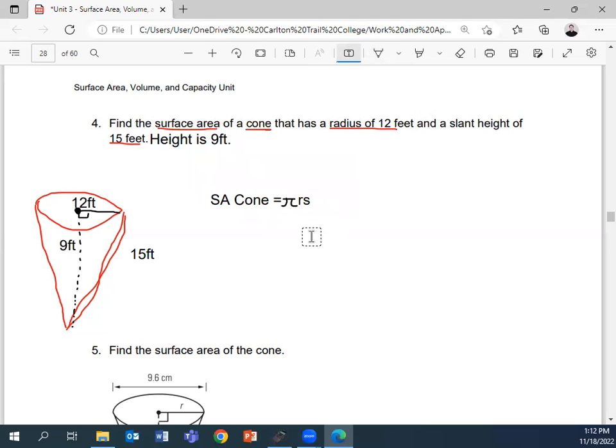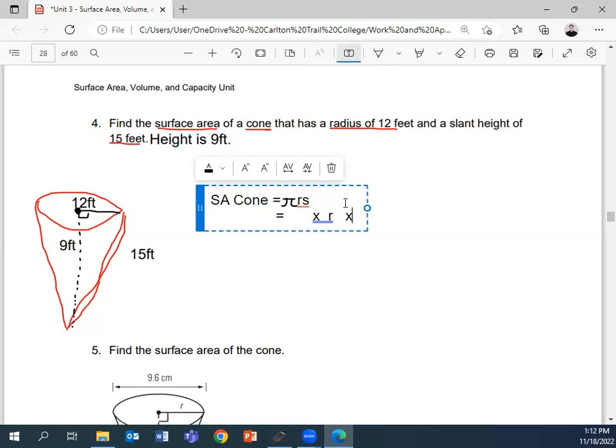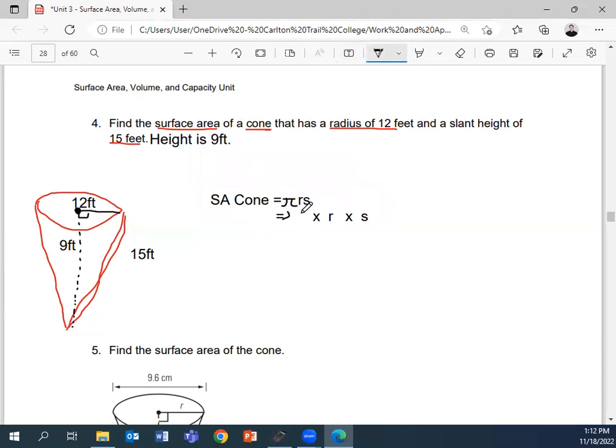Pi times r times s, right? It's pi times r times s.